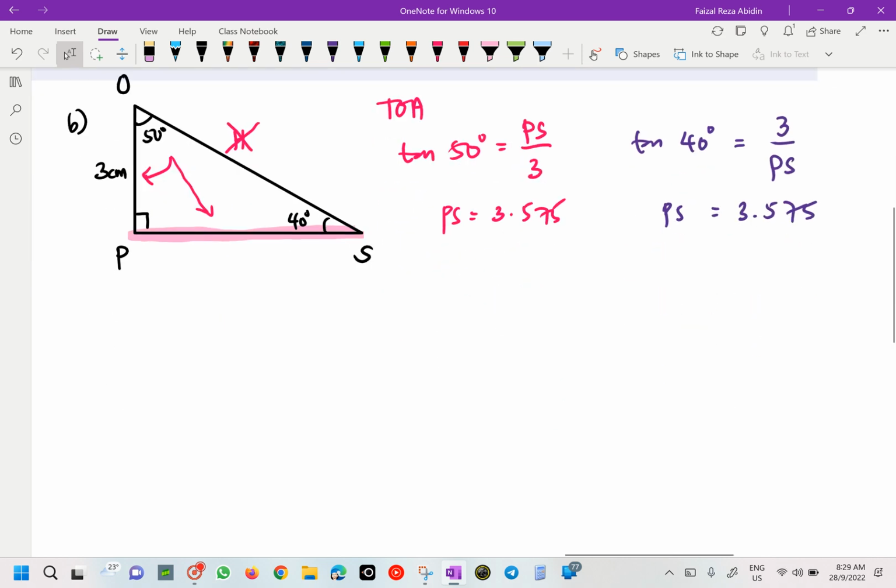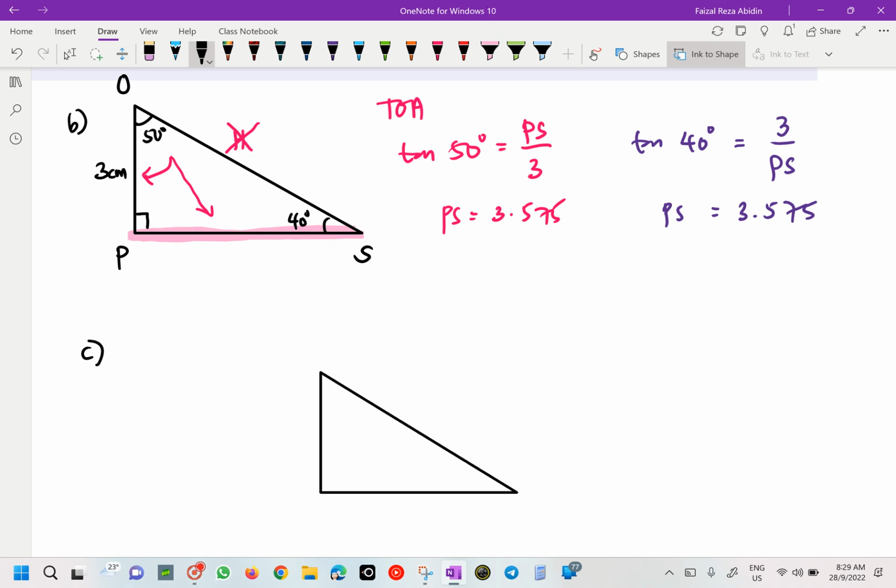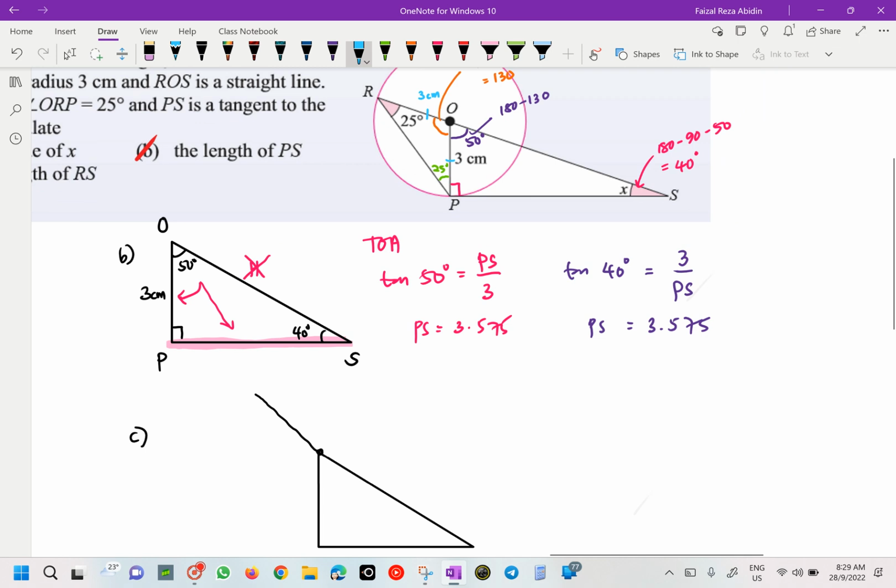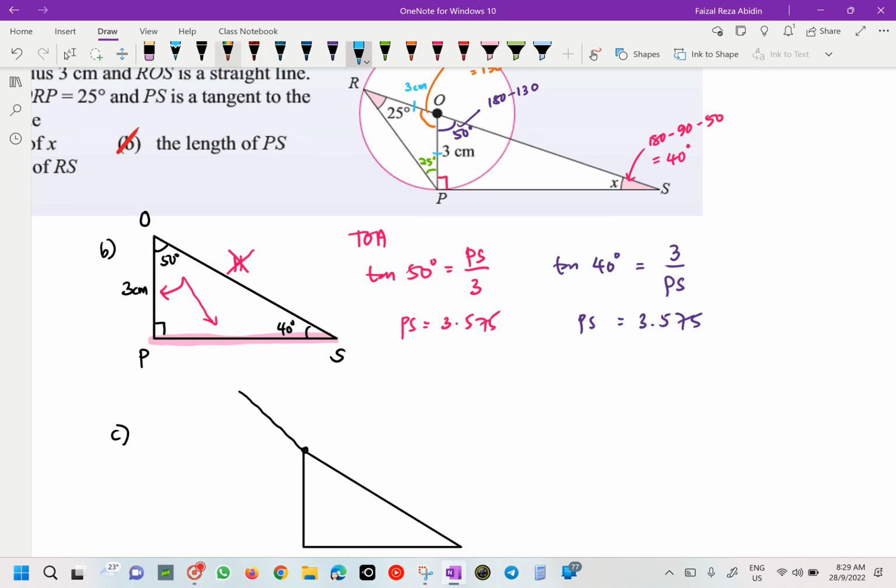Okay, I'm going to draw back over here. First thing first, I'm going to have our right angle triangle, and you are going to have our R over here. We know already just now that our R here and P here are going to be the same, because this one is our radius to our center here.